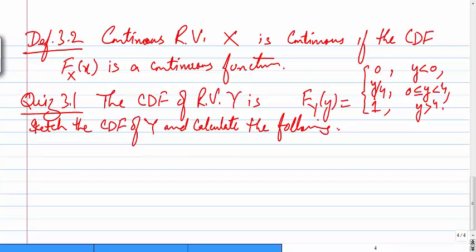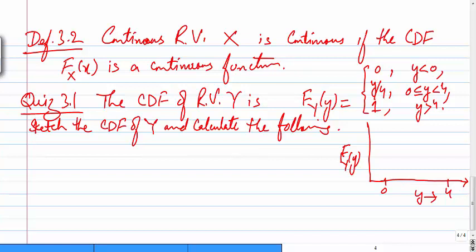Now for the sketch, let me sketch it first. Assume this is 0, and assume this is 4 and so on. So this axis is values of y and this is the CDF F_Y(y).